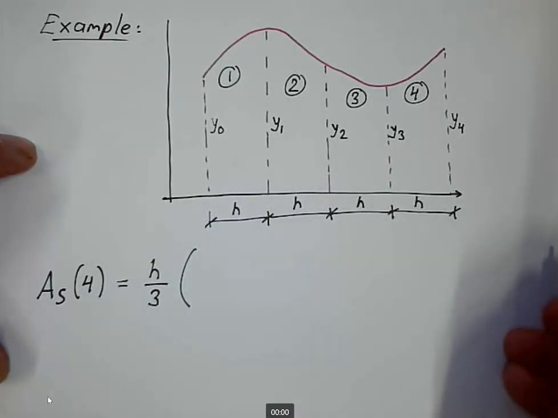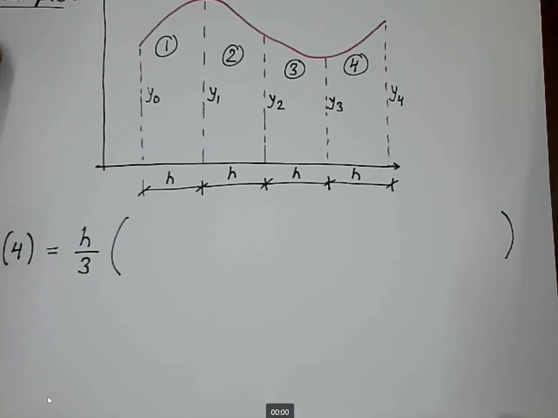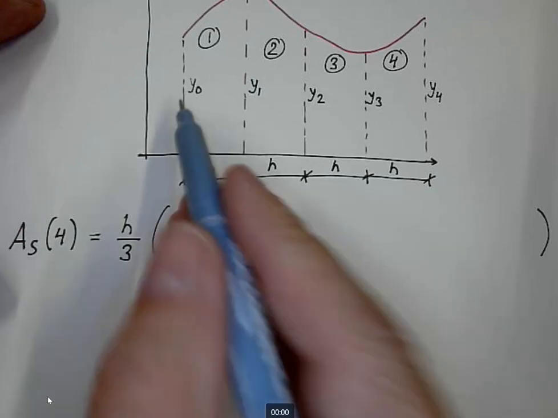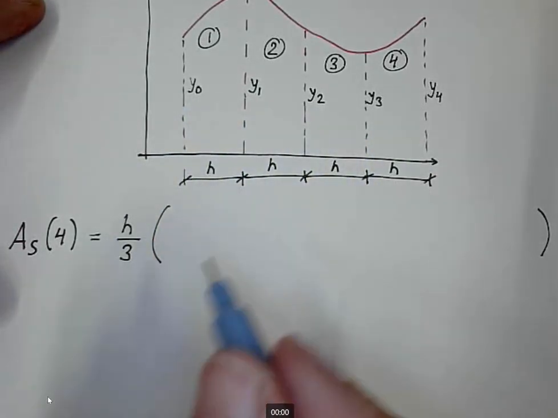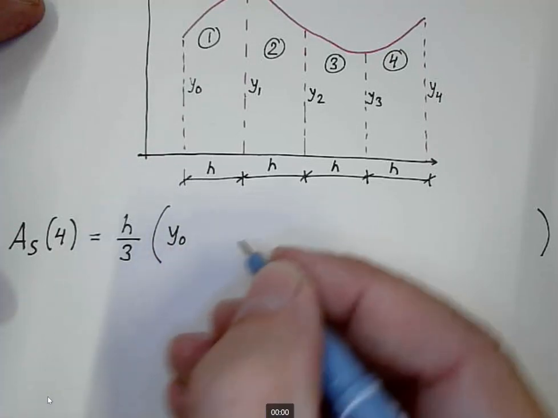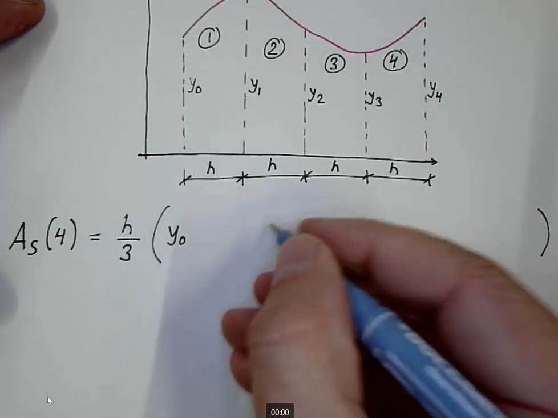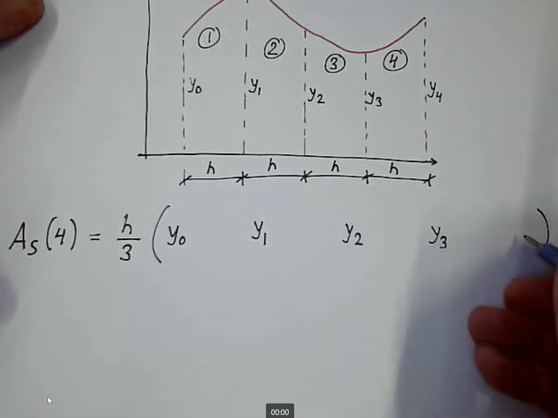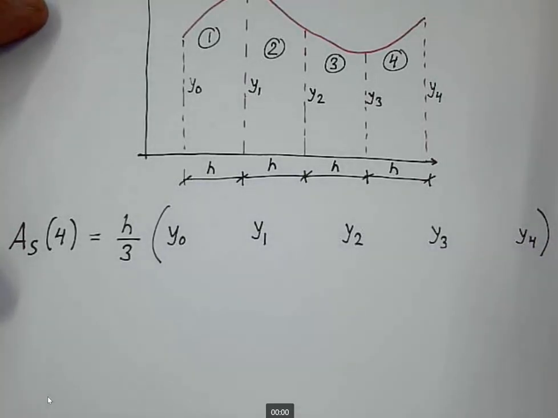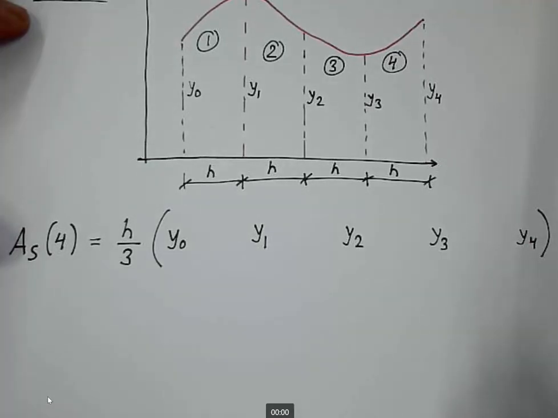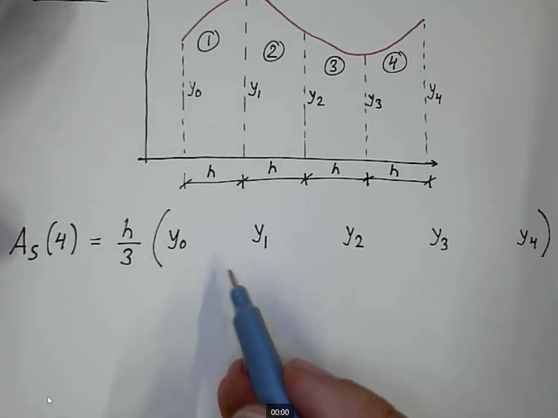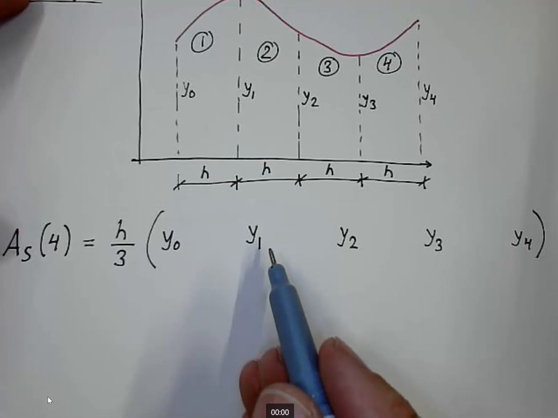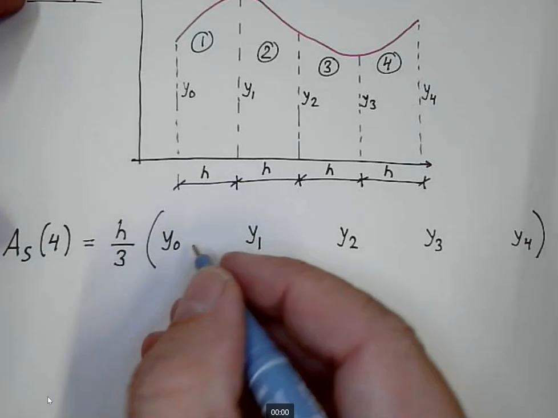And now I will do this in the mechanical way. I have these heights there. I will write them: y0, I will leave some space there, y1, y2, y3, y4, and then we are building some factors in front of these letters, and we are summing here.